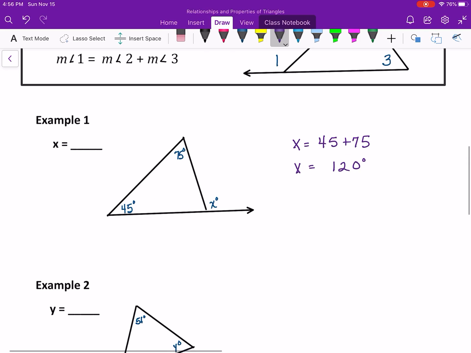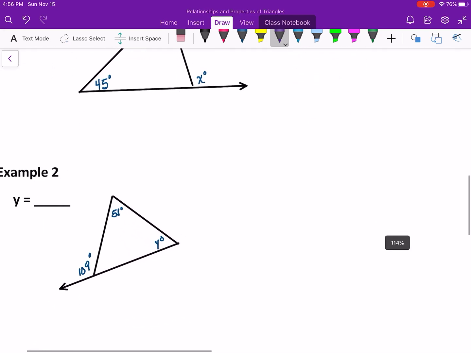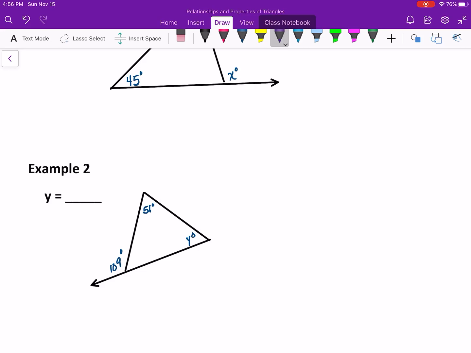All right, let's try another one. Example 2. First thing you need to do is identify the exterior angle. It's the one on the outside that is part of a linear pair. That would be the 109 degrees. Whoops, I left my 0 out.